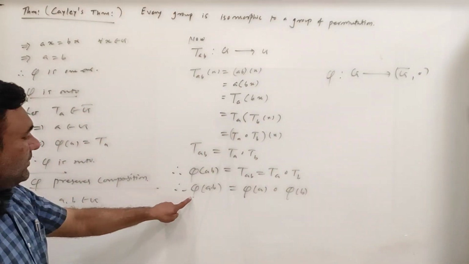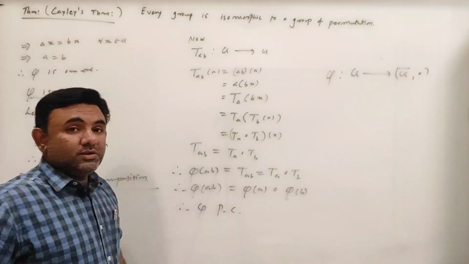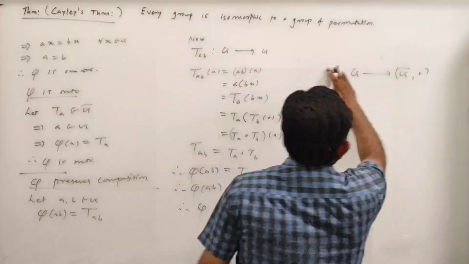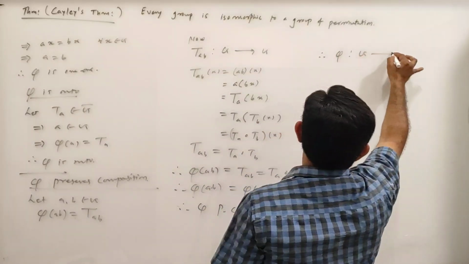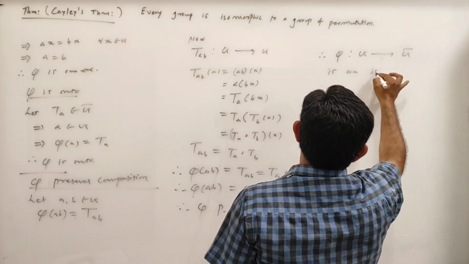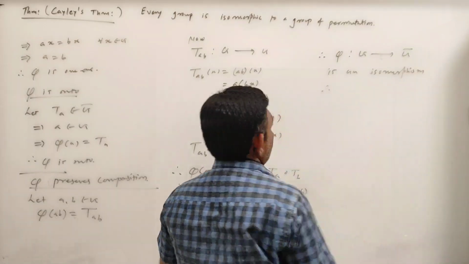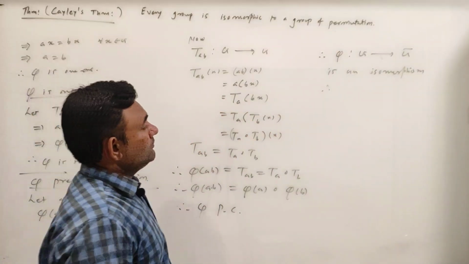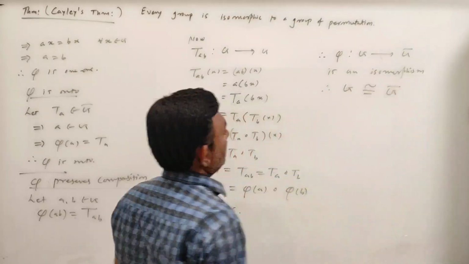So it means what? Phi preserves the composition. So therefore phi from G to G bar is an isomorphism. So therefore G is isomorphic to G bar.